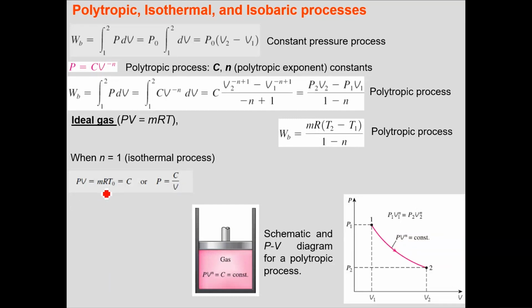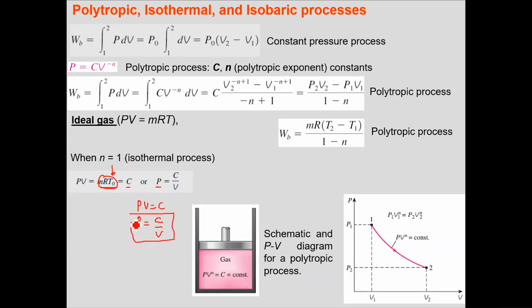That means PV is equal to mRT0, where T0 is constant temperature, which is equivalent to C, or I can write this whole expression as constant. That means I can express PV equals constant as pressure equals C over V. Clear?